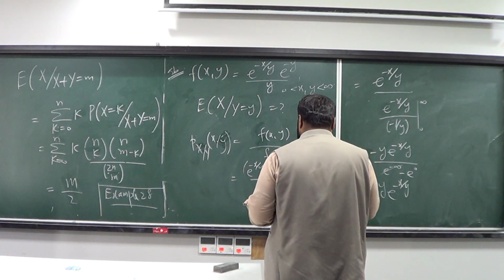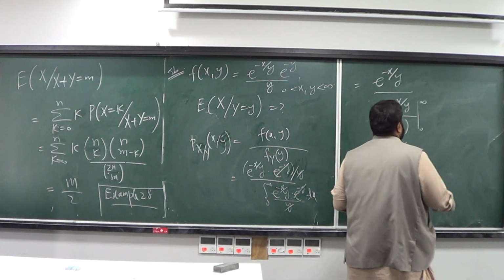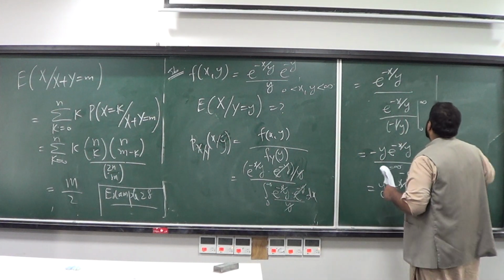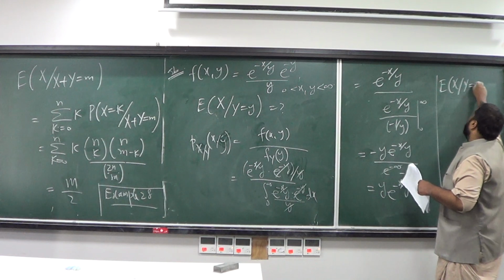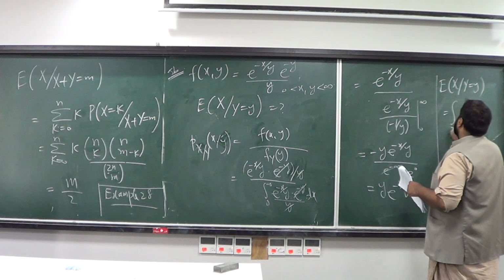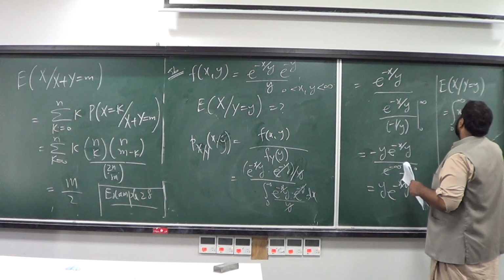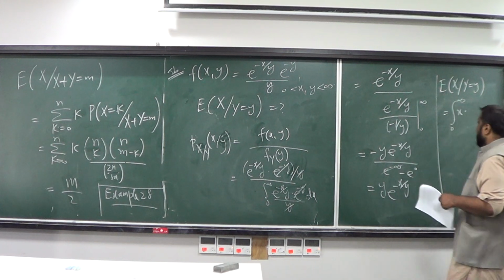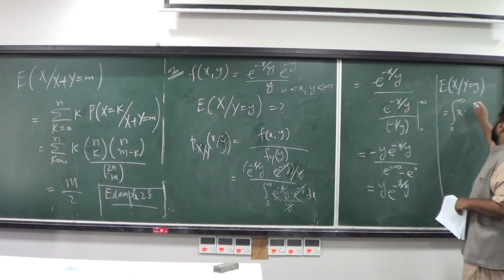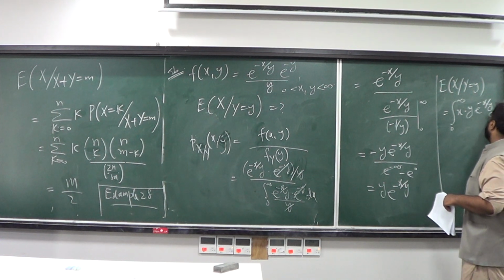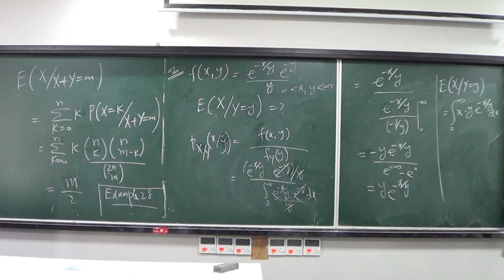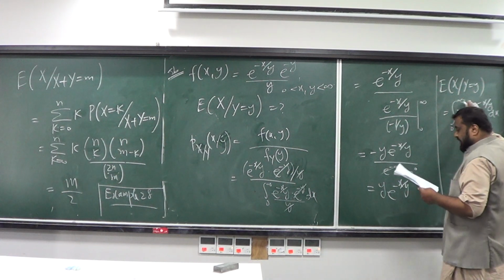Then you compute the conditional expectation of x given y equal to 1. This will be the integral from 0 to infinity of x times the conditional PDF, which is e to the minus x over y divided by y, with respect to dx.